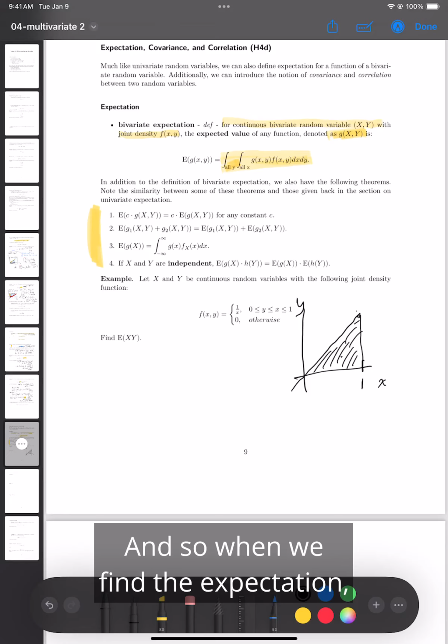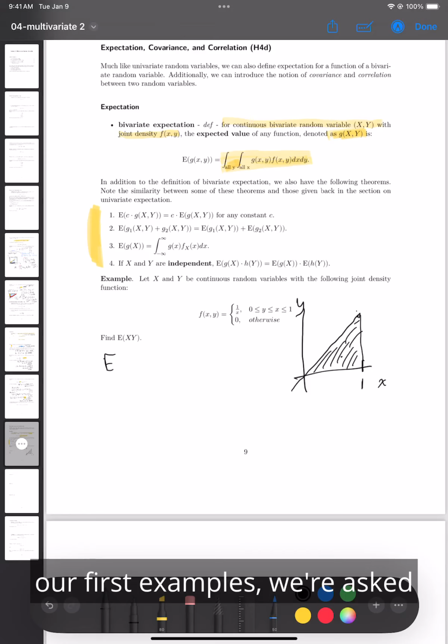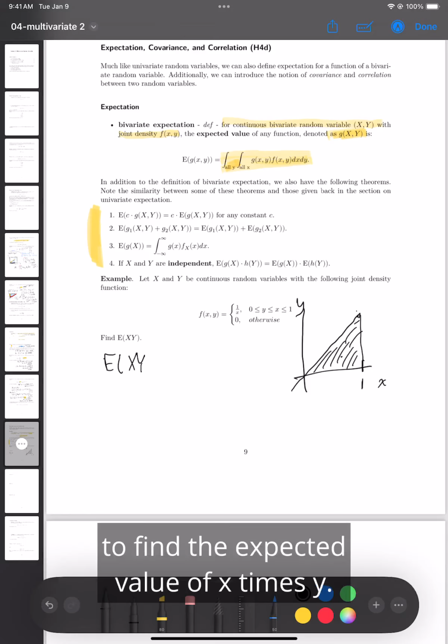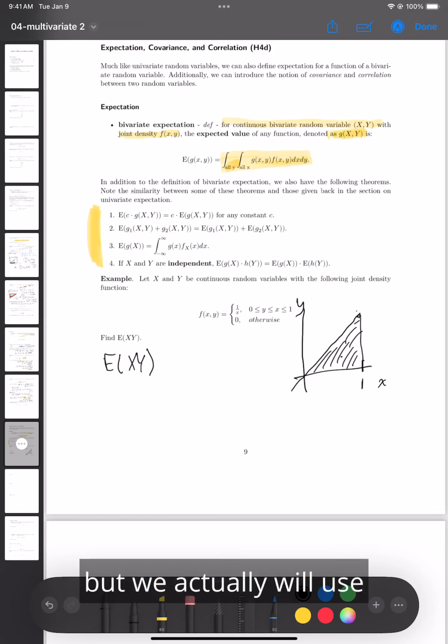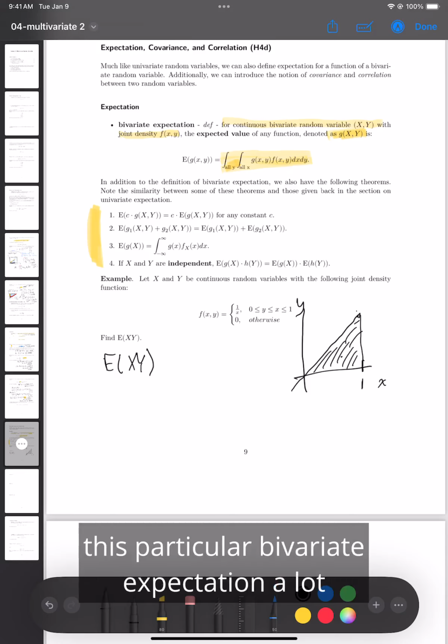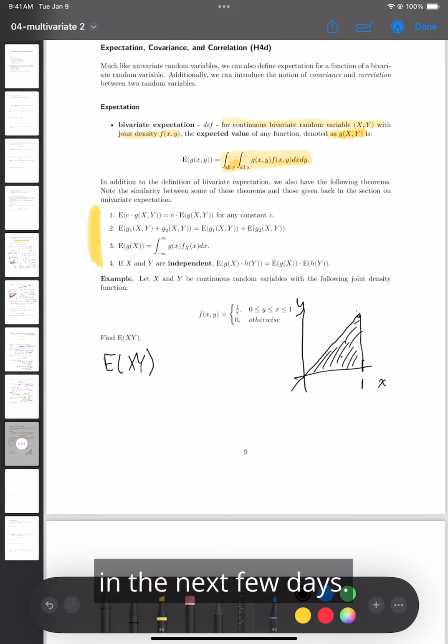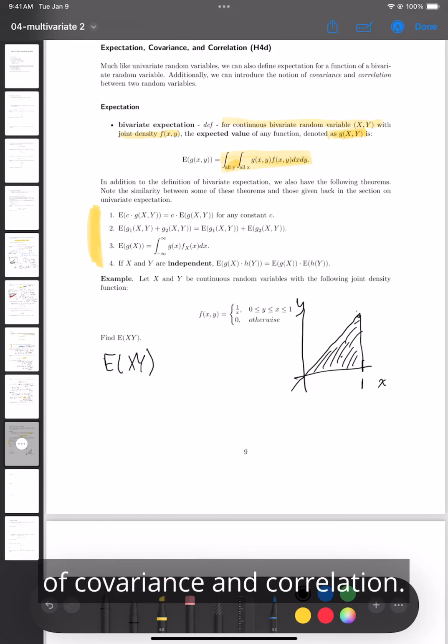When we find the expectation, our first example asks us to find the expected value of X times Y. Seems like kind of a useless thing to find, but we actually will use this particular bivariate expectation a lot in the next few days. It's used in the definition of covariance and correlation.